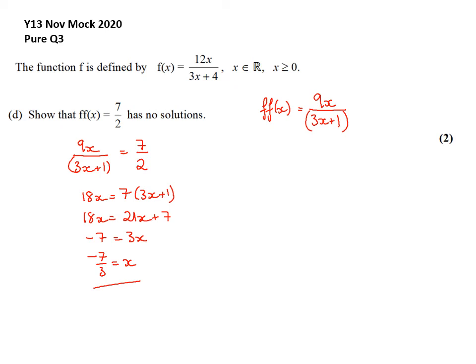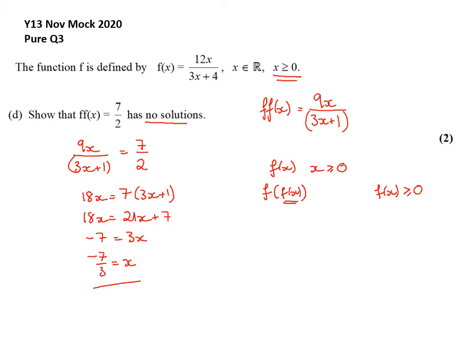But then I have to have a look at why it's saying I've got no solutions, and a quick look back at the top of the question says f of x is defined for x greater than or equal to 0, therefore f of f of x is also greater than or equal to 0, which we know it is from the range anyway.